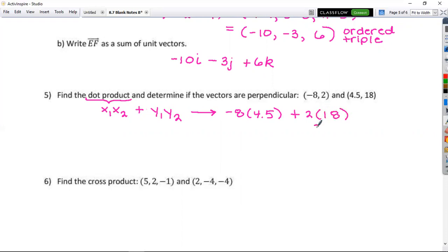Well, this is 36. Actually, this is -36, right? Does it work? You guys remember? It does work, yes. So this is a sum of 0. So you're going to say, yes, these are perpendicular, since sum equals 0.